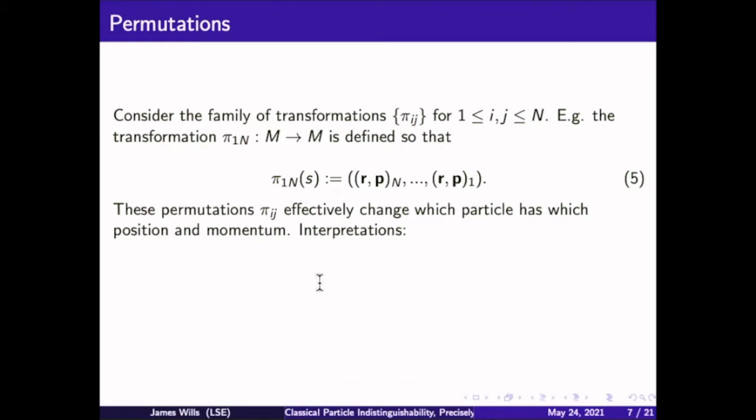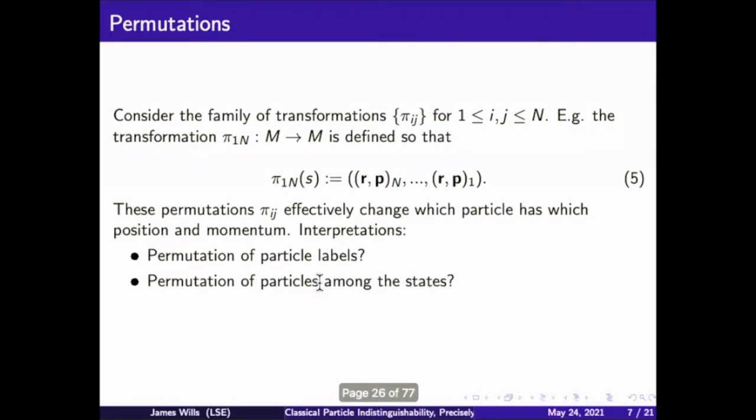And I'd like to make some comments about how these permutations are talked about and interpreted. Sometimes these permutations are interpreted as permutations of particle labels. And sometimes they're talked of as permuting the particles among the states. I don't think a huge amount hangs on how we interpret these permutations, since what is really relevant is their formal structure. But in the language I'm going to be using, I'm not going to talk about them like this, because I think the clearest way to understand these permutations is as a permutation of single particle states over particles.